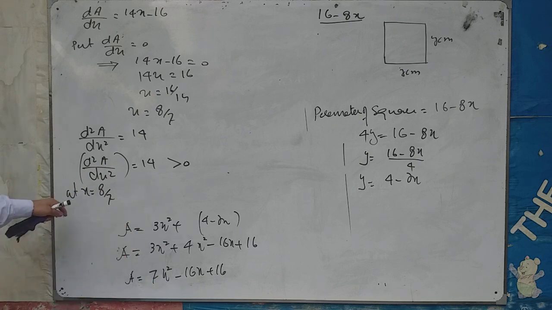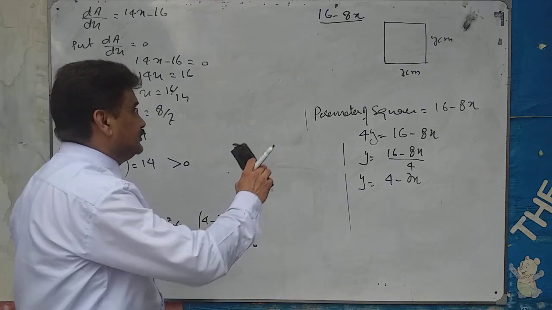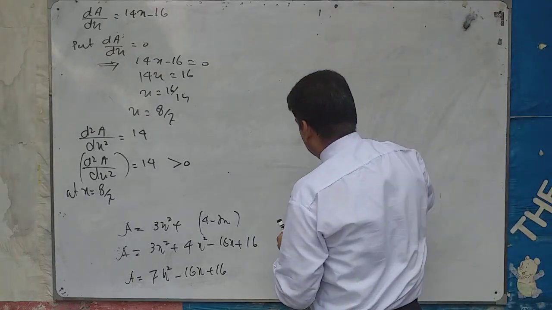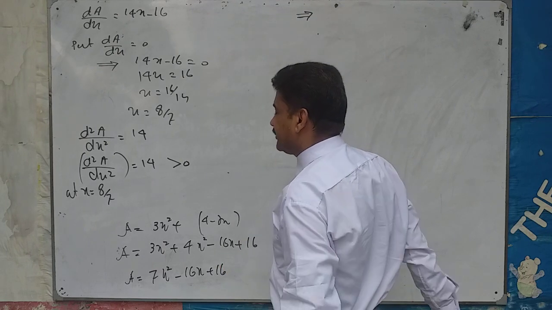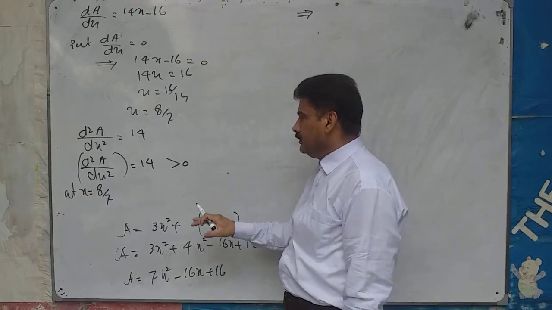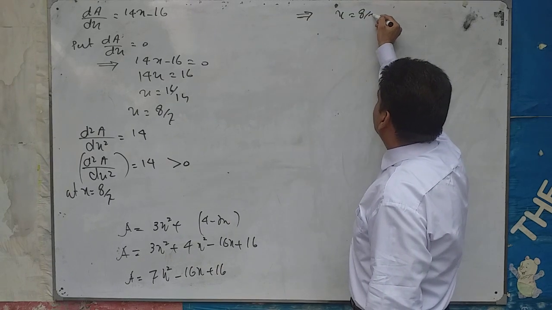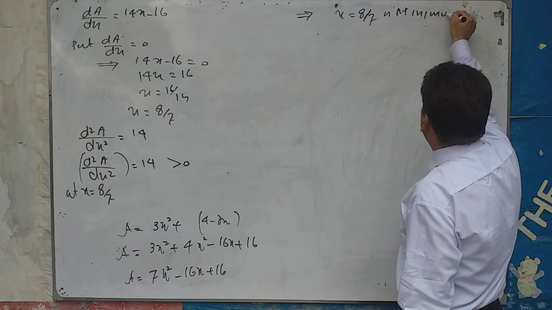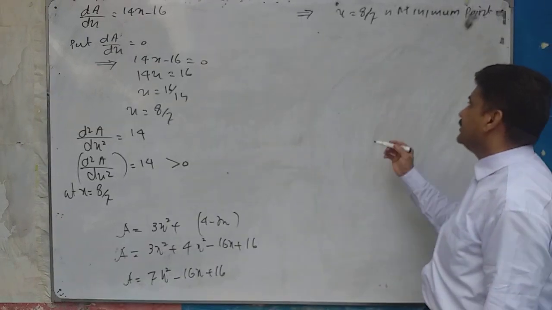Because the value of the second order derivative at x equal to 8 by 7 is greater than 0, its sign is positive, so x equal to 8 by 7 is a minimum point, and it will give minimum area.